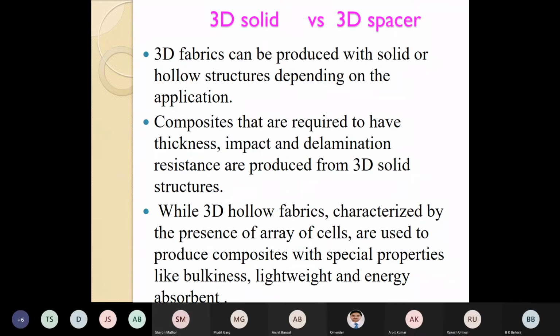However, 3D hollow structures are used when the composite needs to have bulkiness, lightweight, and energy absorbency.